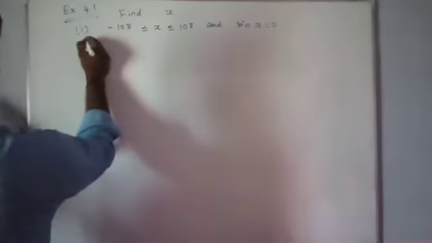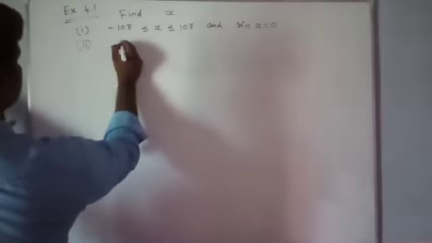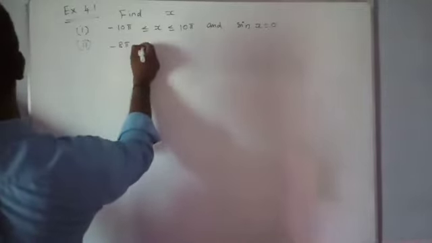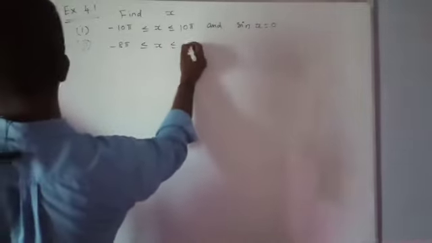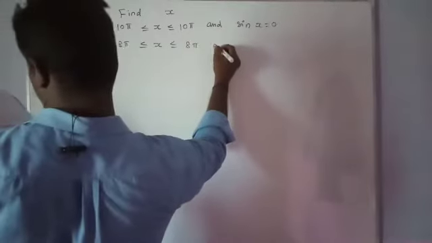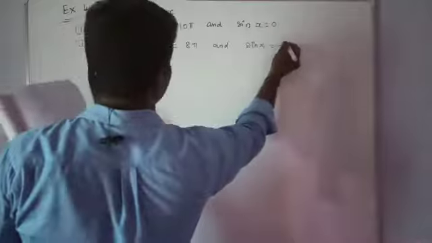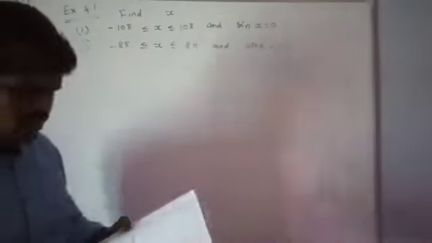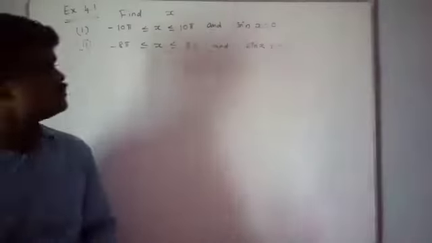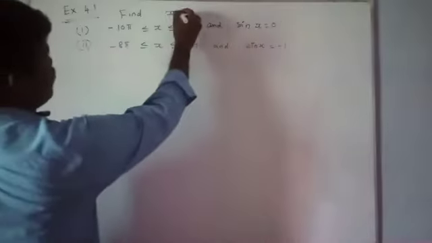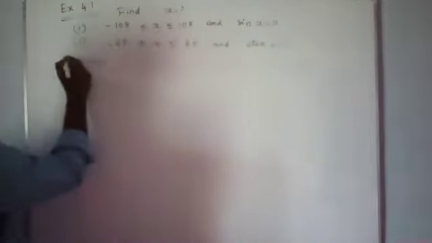Roman letter 2: minus 8 pi less than or equal to x less than or equal to 8 pi and sin x is equal to minus 1. Find the value of x. This is the given information.